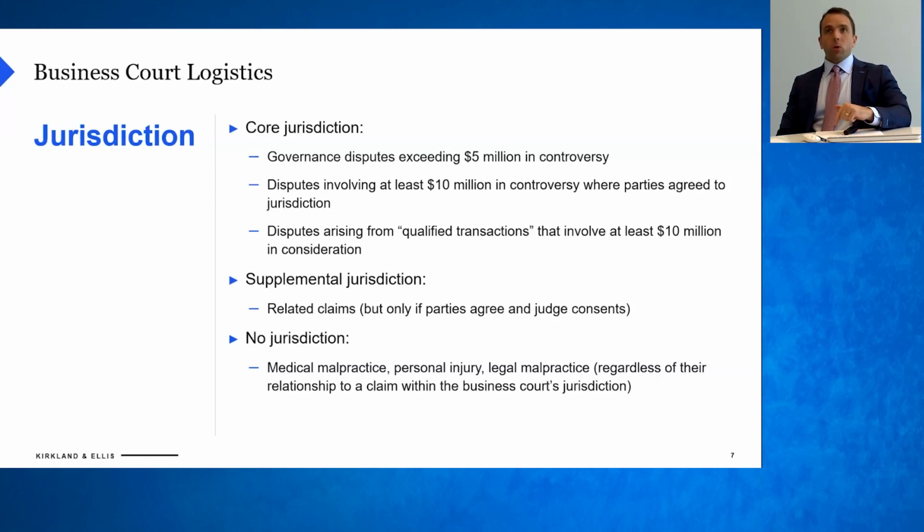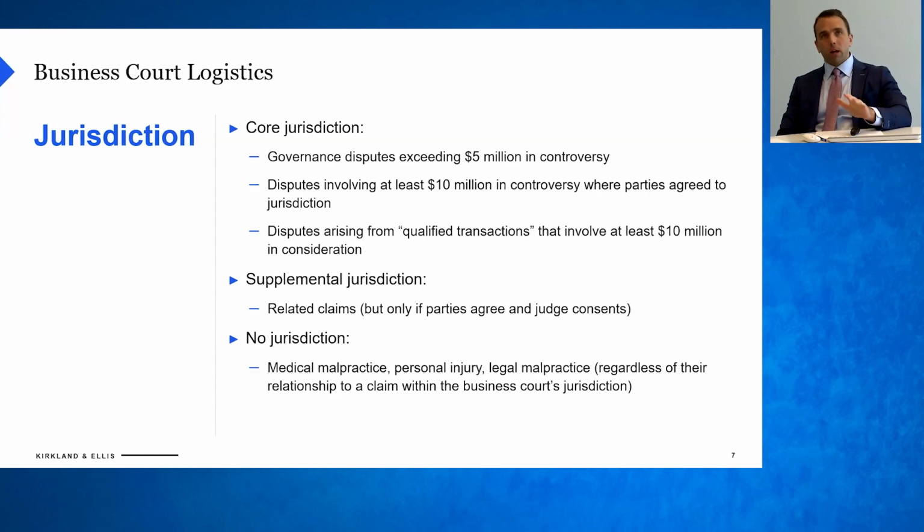The court also will have jurisdiction over any dispute that involves $10 million in controversy where the parties have consented to jurisdiction. So this plays a little bit into what we're going to talk about in the second half of the presentation. But if you have a transaction that involves substantial consideration, and you have agreed with your counterparty that any disputes should be resolved in the business court, the enabling statute specifically allows for jurisdiction in that instance.